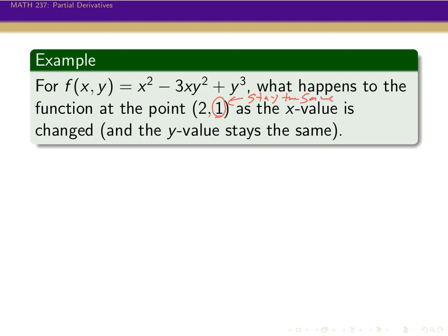And so we can plug in 1 for y, and we get x squared minus 3x times 1 plus 1 cubed, which is 1. Now this is a function only of x.